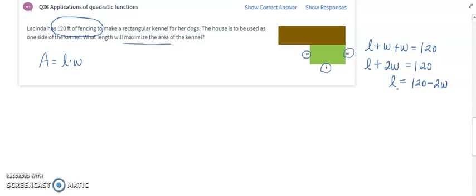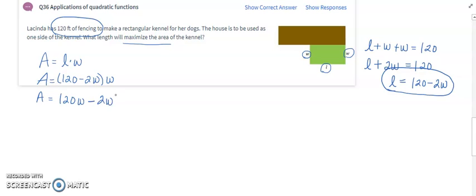So now I'm going to take this expression for L and substitute it into the area formula to get that A is equal to L, which is 120 minus 2W, times the width. So the area is really represented by 120W minus 2W squared after I distribute.